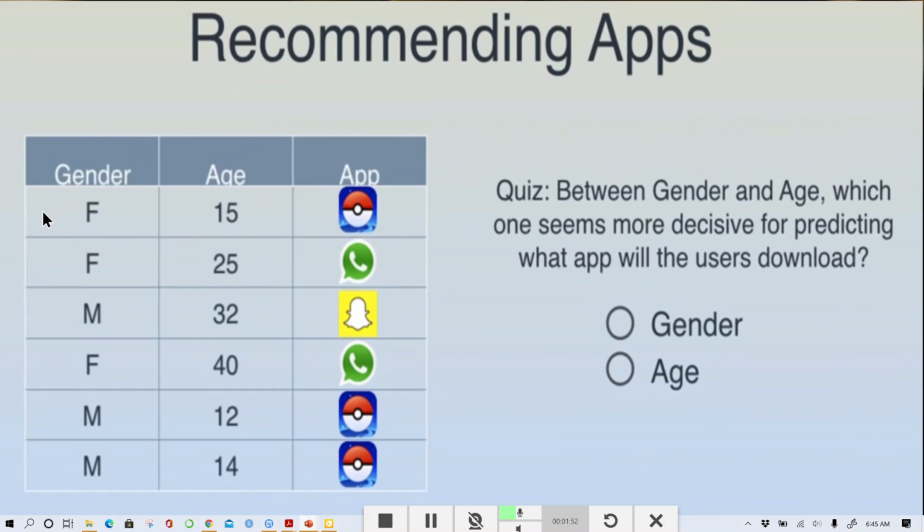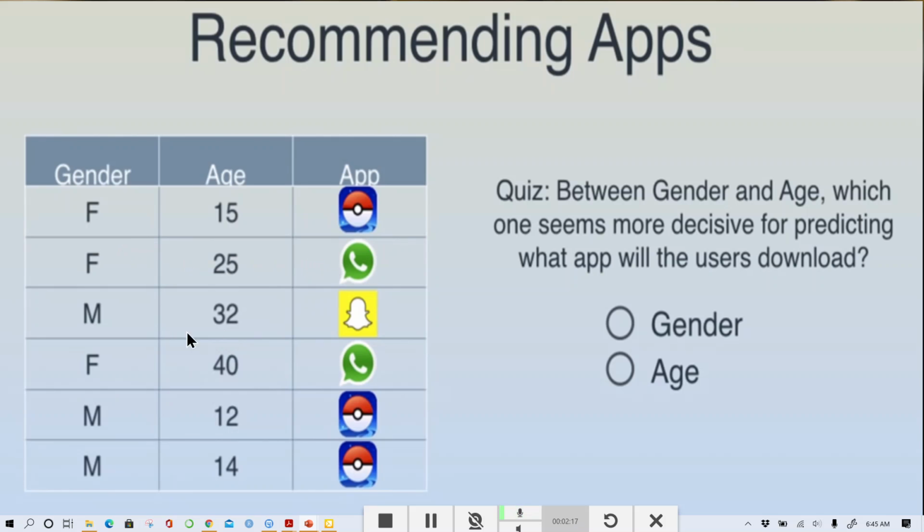The first row is a profile that you have on a female 15-year-old customer to the App Store who eventually downloaded the Pokemon app. The second row pertains to the profile of a 25-year-old female who eventually downloaded the WhatsApp app.